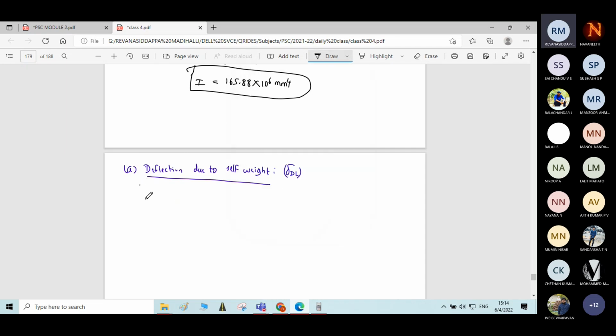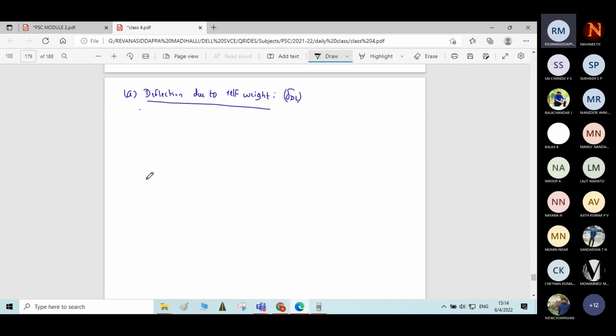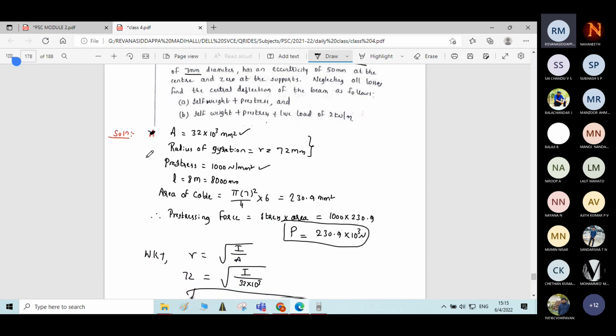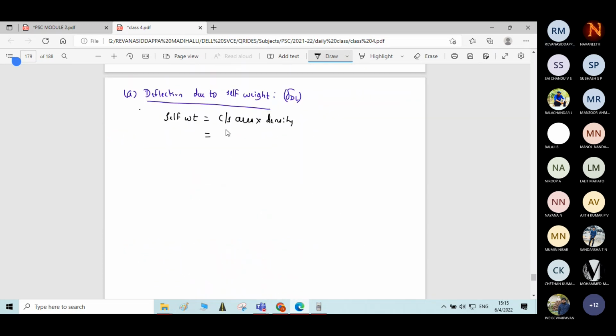So the self-weight, you can find it, correct? The cross-sectional area of the beam is given. Then you can find the self-weight, which is equal to cross-sectional area multiplied by density. The cross-sectional area is 32 into 10 power 3 mm square, but we need to substitute the area in terms of meter square.